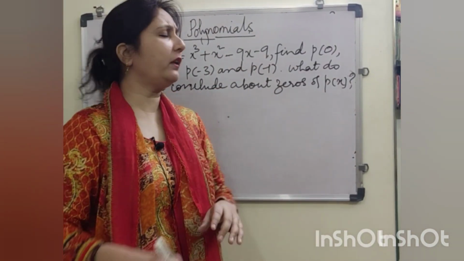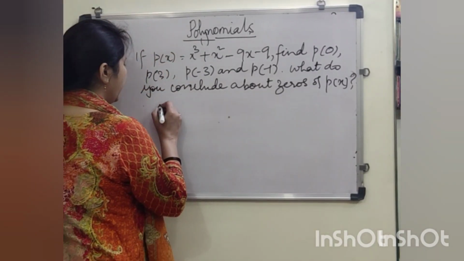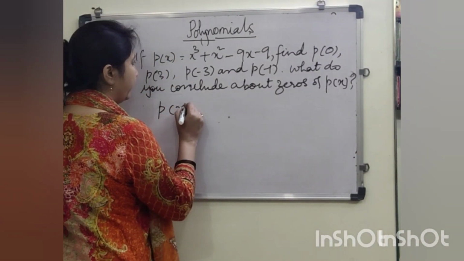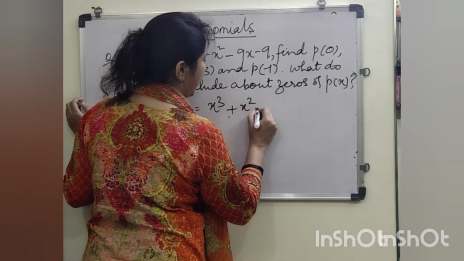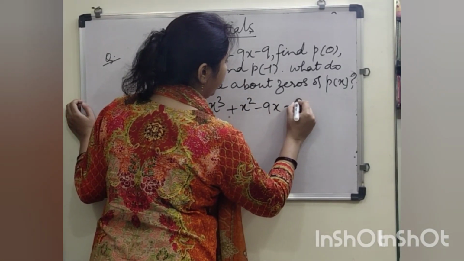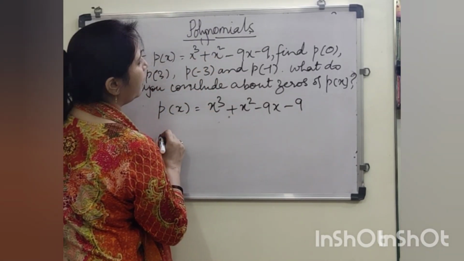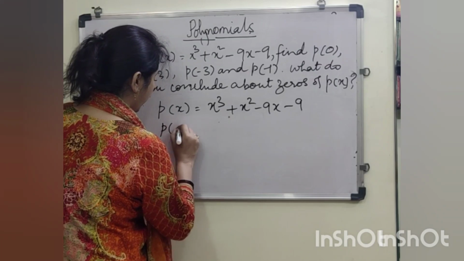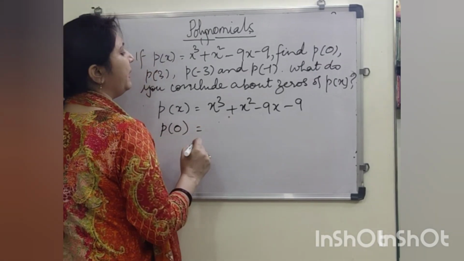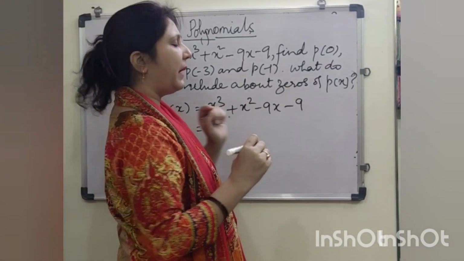So let's check the value. So how do we start? We write p(x) is equals to x cube plus x square minus 9x minus 9. First of all, we will find p(0). When you write p(0) means you have to replace x by 0.